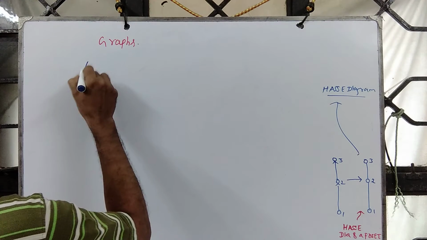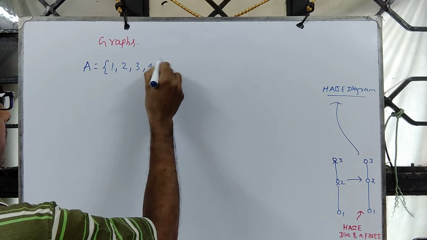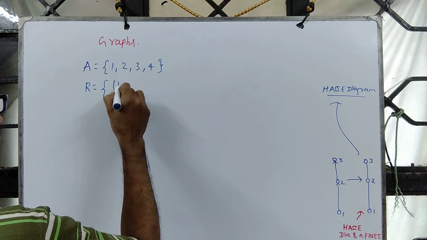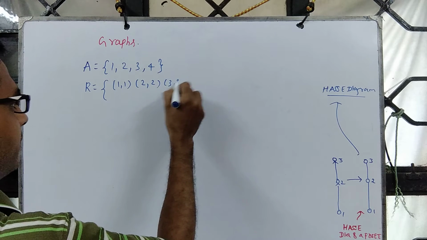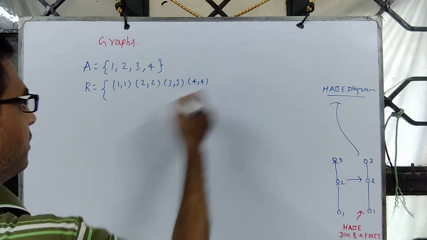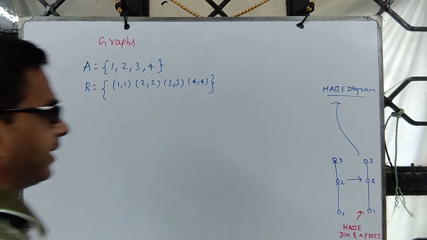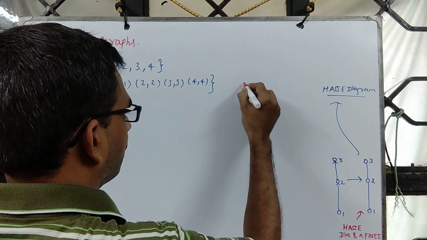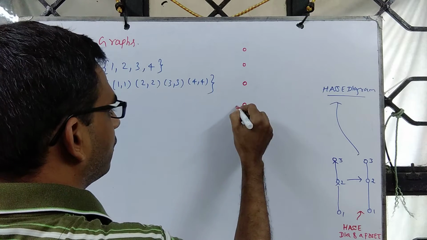Consider the set A equals {1, 2, 3, 4}, and R is a poset, so R must be (1,1), (2,2), (3,3), (4,4). If you look at the Hasse diagram corresponding to this, it will have 1, 2, 3, 4.